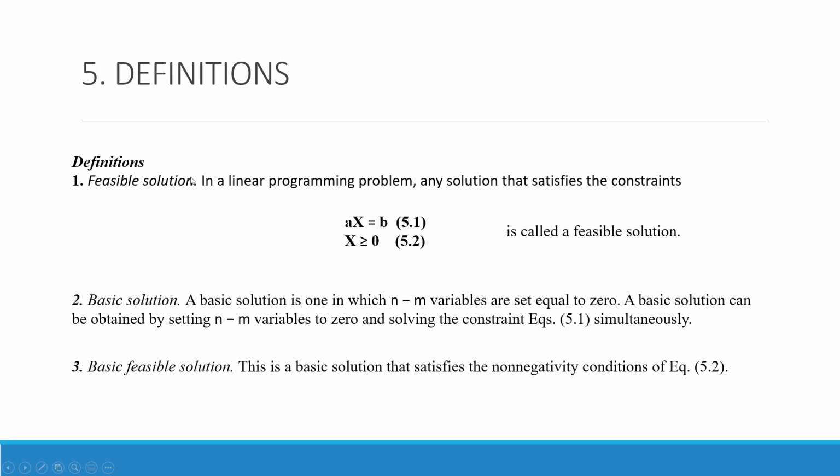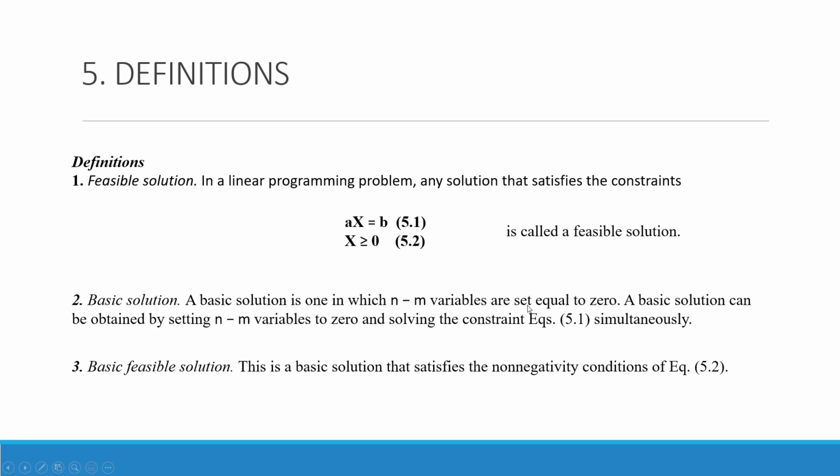Important definitions that we have in this topic: a feasible solution is any solution of the linear program that satisfies the constraints. The basic solution is a solution in which n minus m variables are set equal to 0.